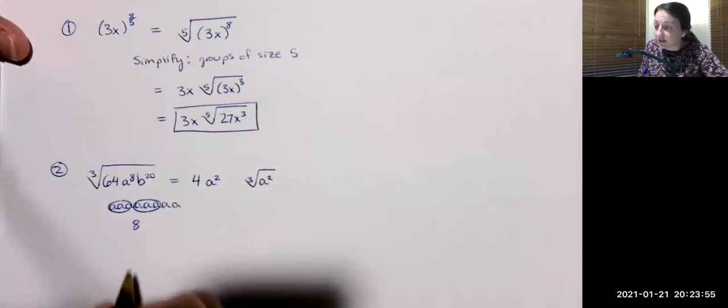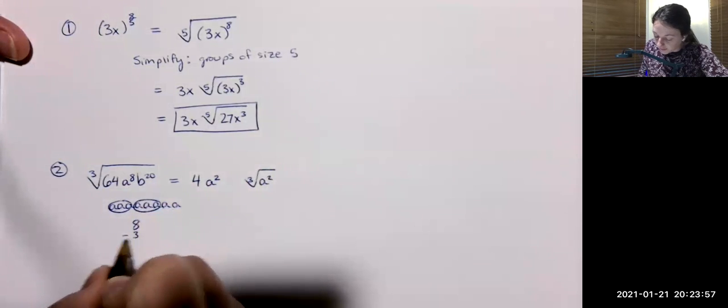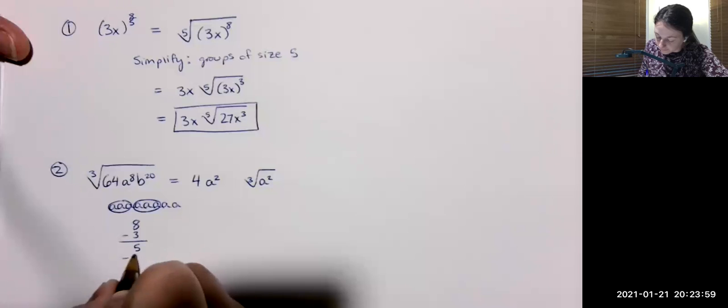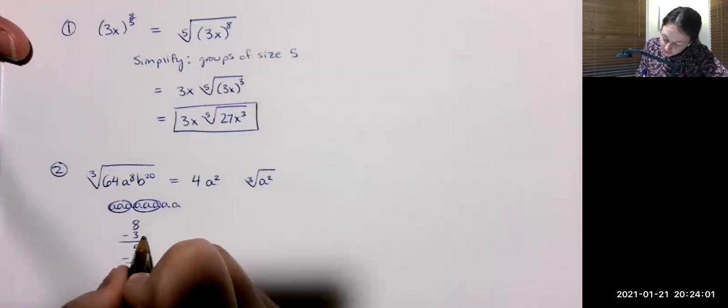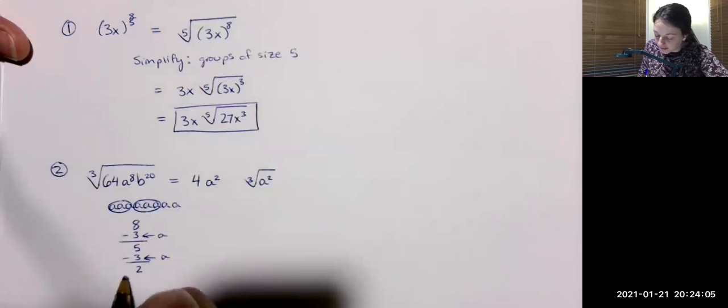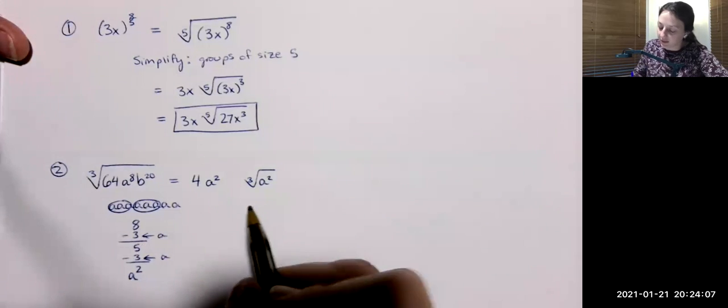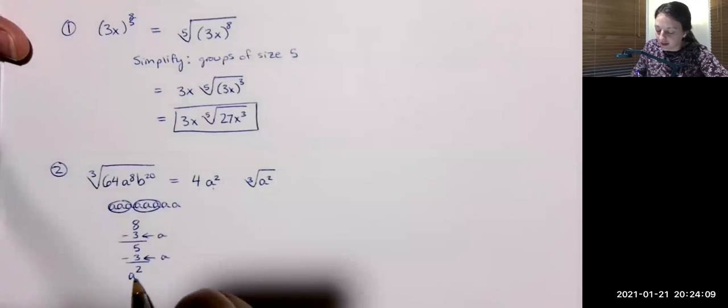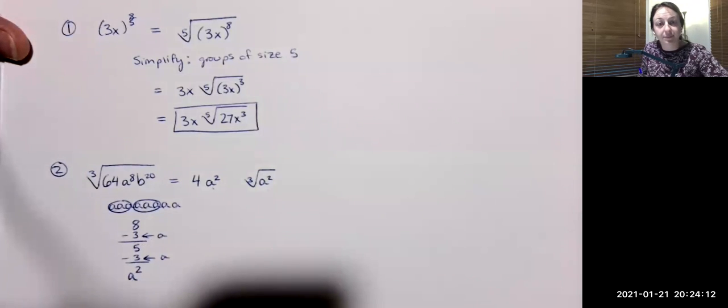Or you can take 8 and start subtracting 3. All right, 1, 2, there's 1 a, there's 2 a's, and then that is a left over. So that's why you've got 2 a's on the outside and 2 a's left on the inside.